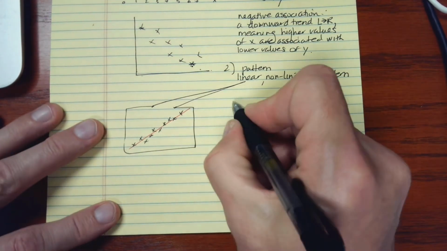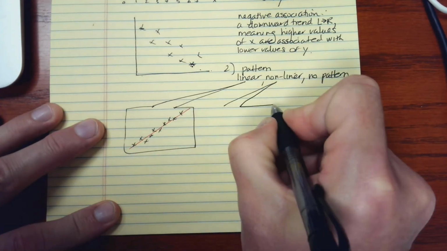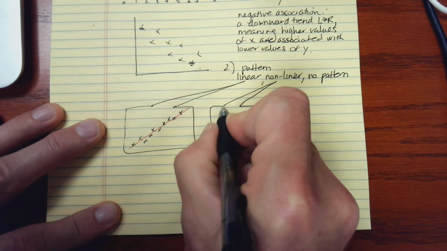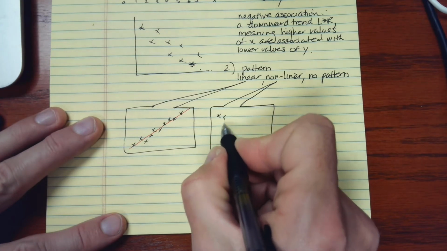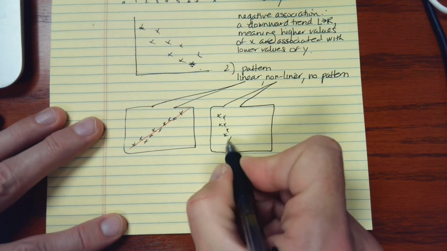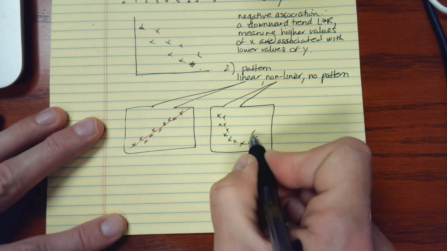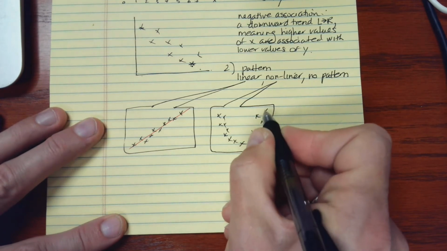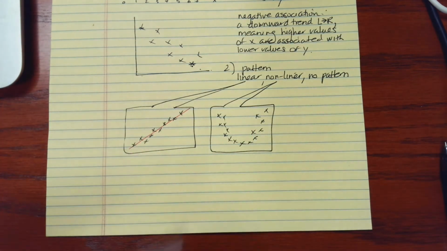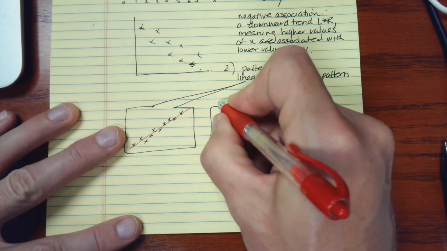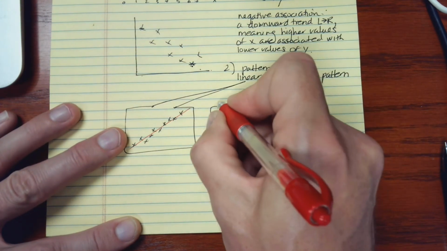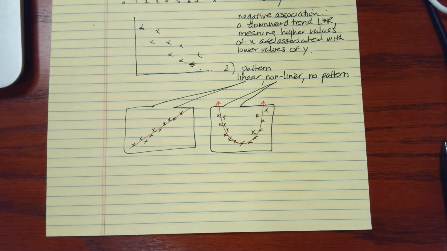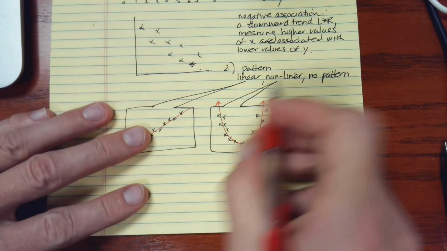For a nonlinear pattern, there may be a pattern, but it's just not going to be a straight line. So for example, you may see something like this in a scatter plot. So this is definitely a pattern. It's like a U shape. Really, we'd say that this looks like, in math, a parabola. And there may be a quadratic association here. It's not linear, so we're just going to call this nonlinear.